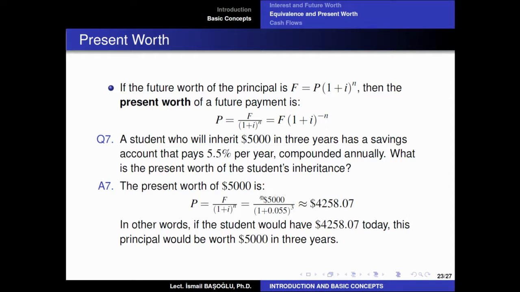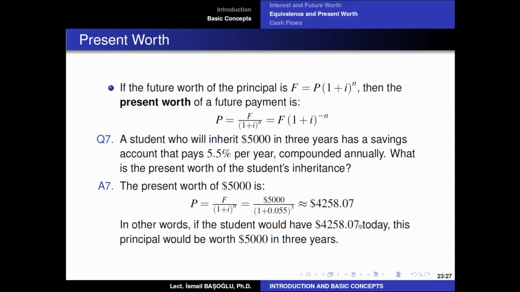Now, if you divide the future worth by 1 plus the yearly interest rate, which is 0.055 as a decimal interest rate, to the power 3, where 3 is the number of interest periods, this is going to be the present worth of $5,000 3 years from now, which is $4,258.07.